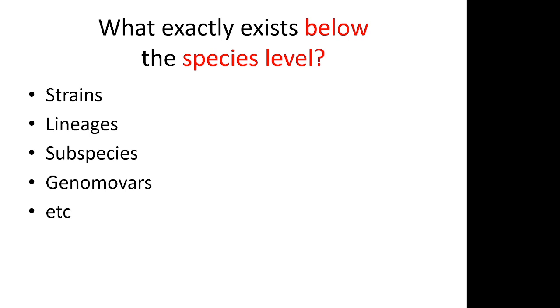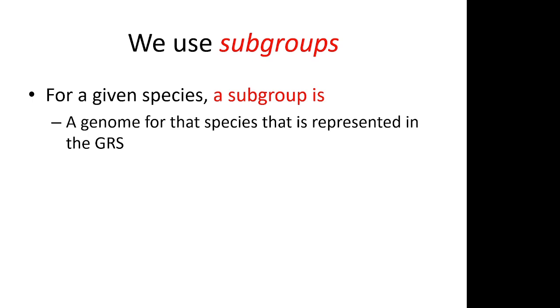And all of that is very confusing. Instead of using any of these biological concepts, we use the concept of subgroups. For a given species, a subgroup is a genome for that species that is represented in the genome reference set that I just explained to you, right?